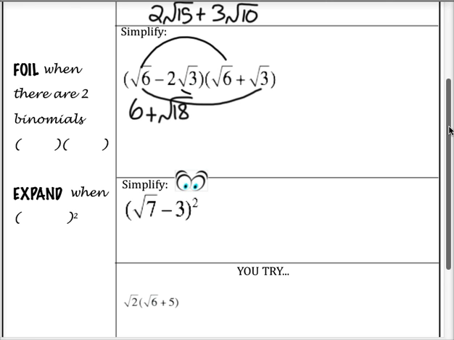Negative 2 square roots of 3, square root of 6. Now we have a piece that's on the outside, but the square root of 3 and square root of 6 are both on the inside, so those multiply inside of our square root. Negative 2 square roots of 3 times the square root of 3.